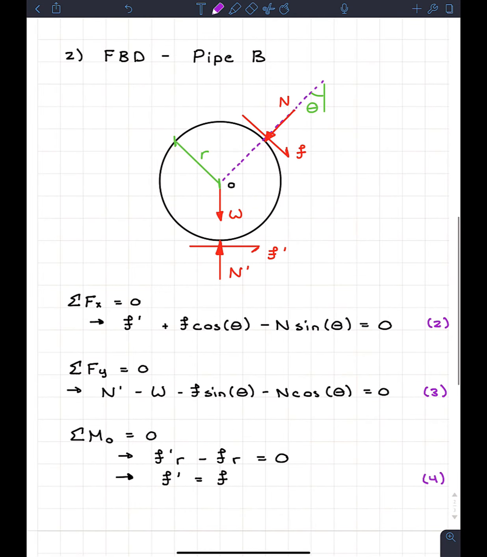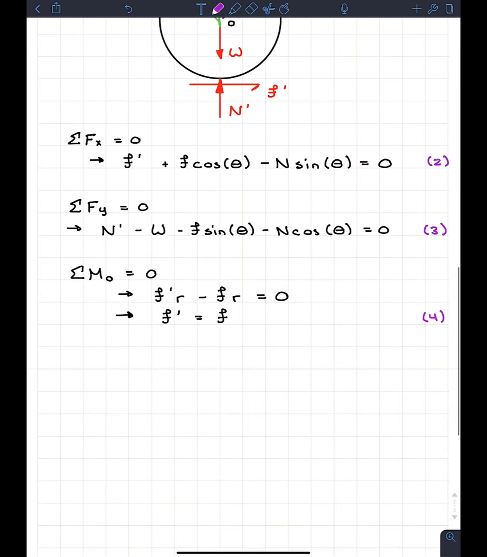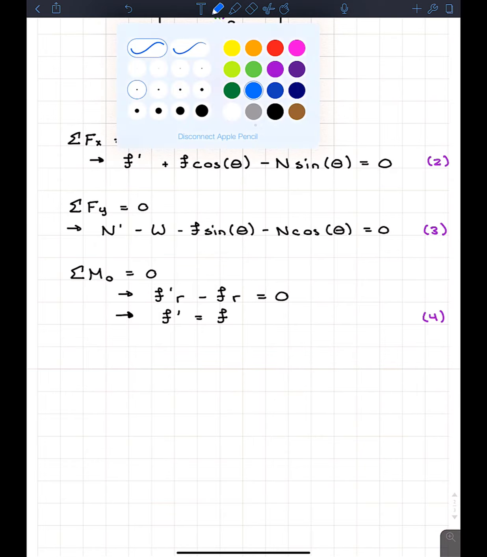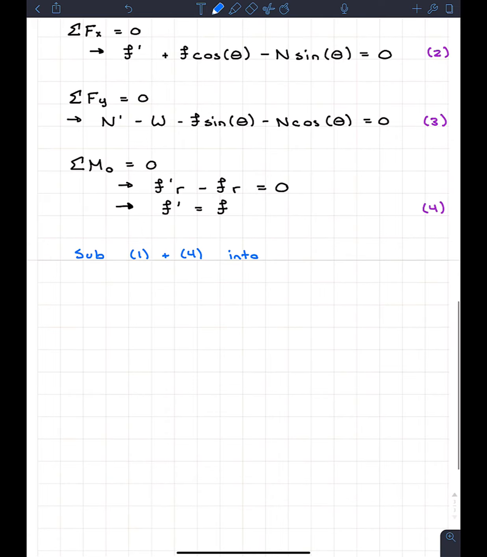So what I want to try and do is put those 2 equations into my major ones, which are 2 and 3, to try and figure out some more relationships. So I'm going to sub these, my 2 relationships, 1 and 4, into my major equations, which are going to be 2 and 3.